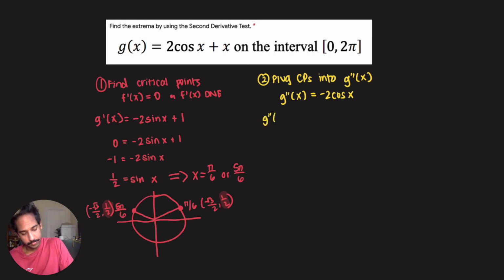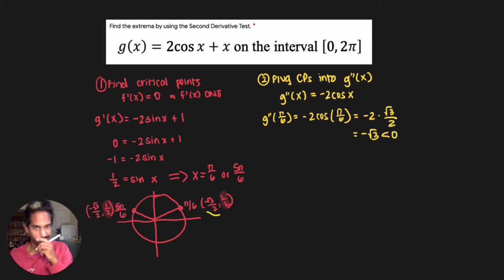So let's do our first one. G double prime of pi over 6 is negative 2 cosine of pi over 6. It's nice that we had our unit circle here because I know cosine of pi over 6 is root 3 over 2. So this will equal negative 2 times positive root 3 over 2. And so this gives us negative root 3, which is less than 0.